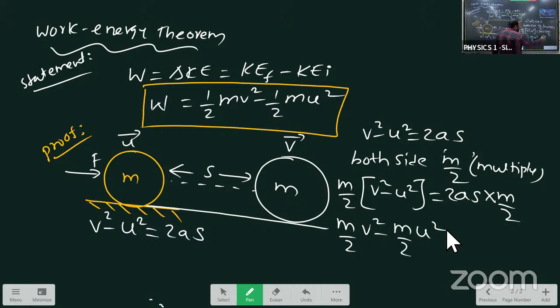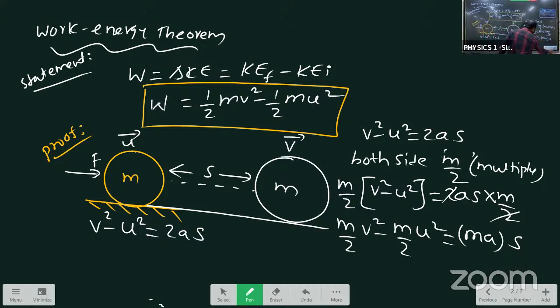On the right side, the 2 cancels, and the remaining step is m a into s. We know the famous formula: force F equals ma.